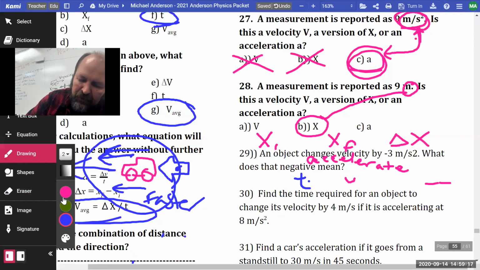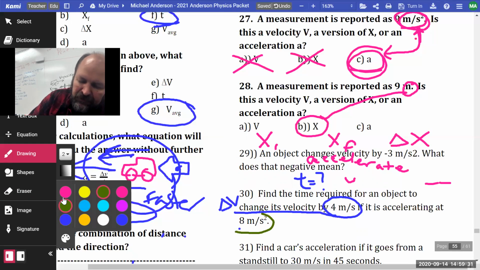We've got to have an equation with t. We have a change in velocity of 4, so that is a delta v. It's accelerating at 8 meters per second squared. That is the acceleration A. So I need an equation that has t in it, and it relates the t to a delta v and A.